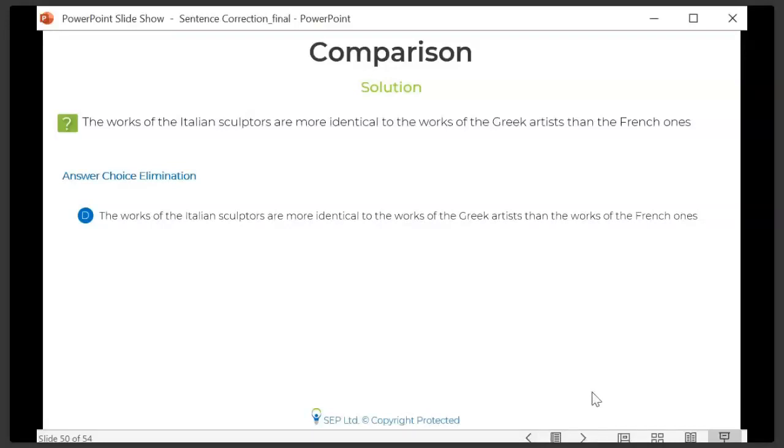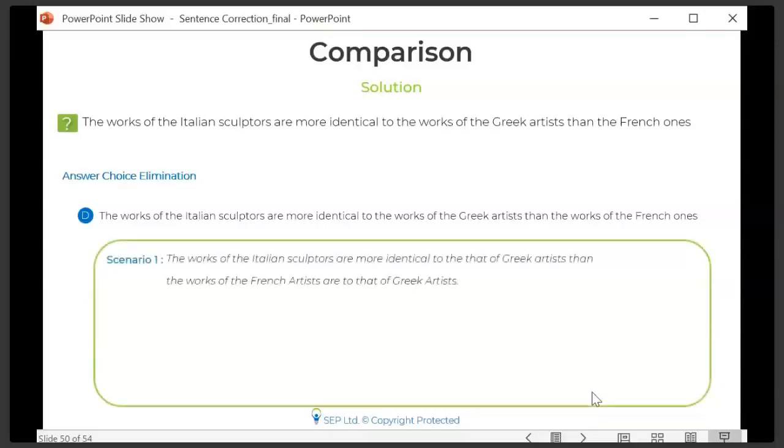Choice D is a very good trap. Now, why is it a trap? Let's see. In choice D, in this sentence, omission is at play, and we'll apply the meaning-driven approach to see if it is correct or not. So let's try. Now, there are two scenarios that are possible here. Scenario one is the works of Italian sculptors are more identical to that of Greek artists than the works of the French artists are to that of Greek artists.